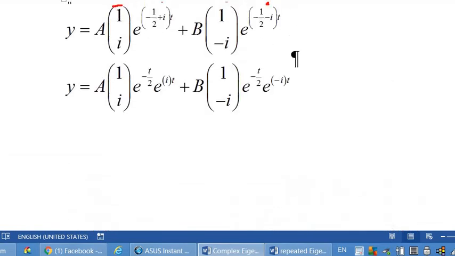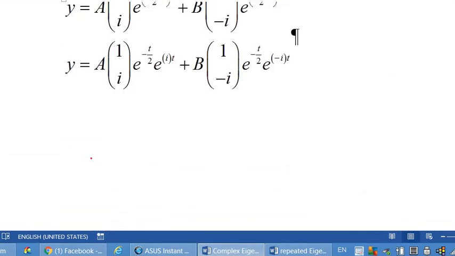And then by using the Euler formula, e to the it will be cos t plus i sin t.